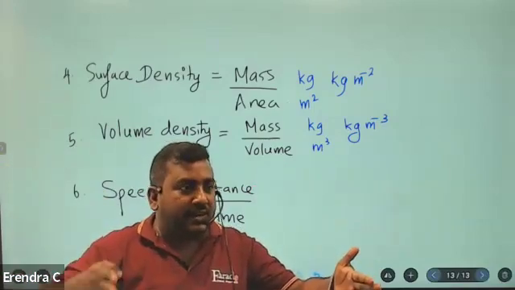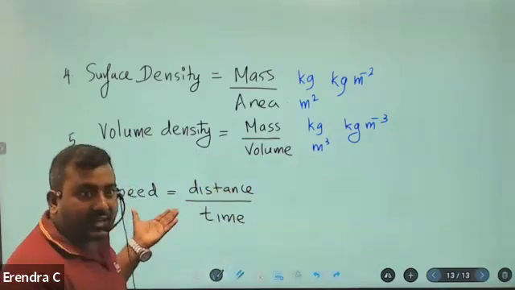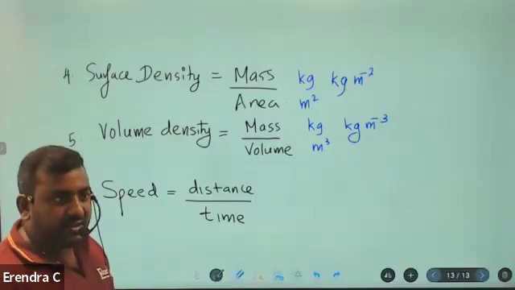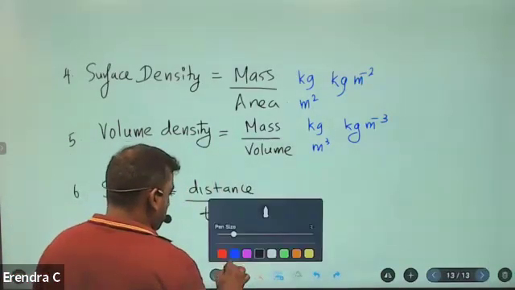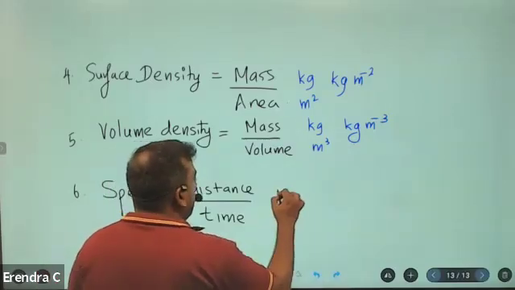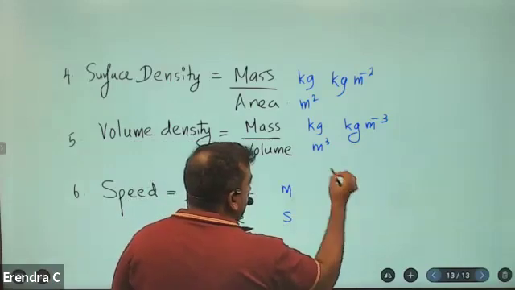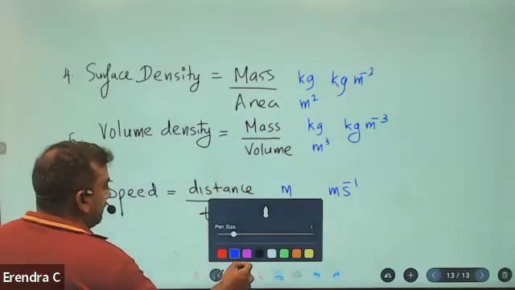Time is also what? Fundamental. Using fundamental quantities, we have what? Derived quantity. So speed is a derived quantity. There you go. Meter here, second there, take on top. What is it? Meter per second.